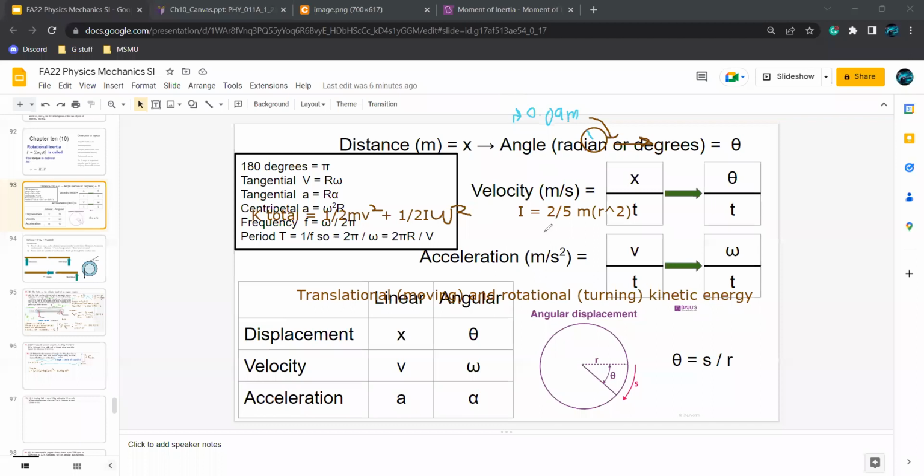So if v is equal to r omega, then you're going to go ahead and divide by r to isolate omega, right?